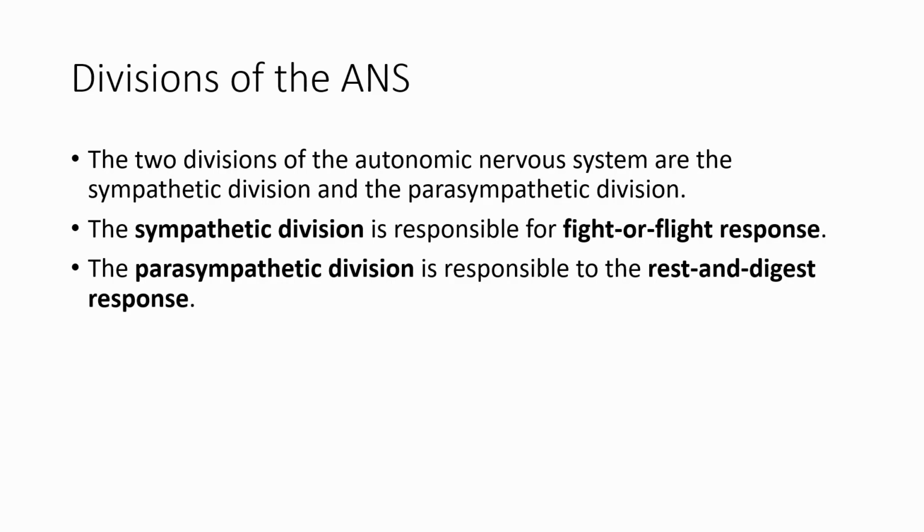Especially fight or flight. A good number of us have probably heard about that before. The sympathetic division is responsible for your fight or flight response, sometimes modified to fight, flight, or freeze, so you might hear that as well, depending on who you talk to. And then the parasympathetic division is responsible for rest and digest.